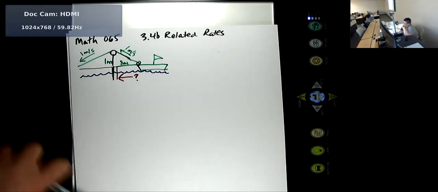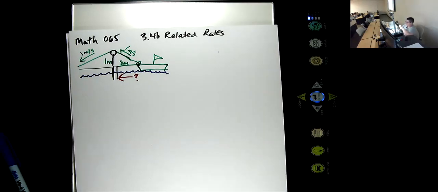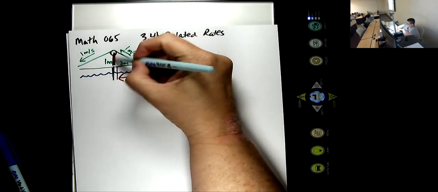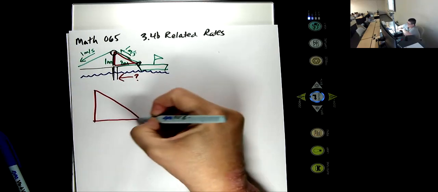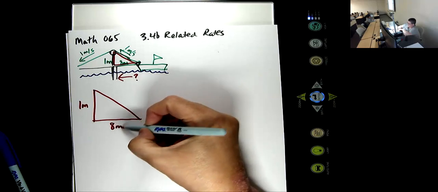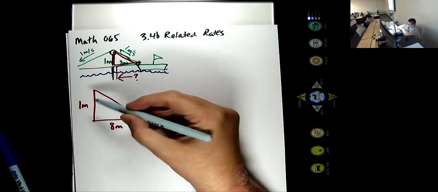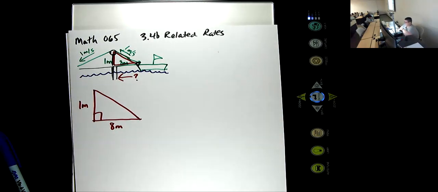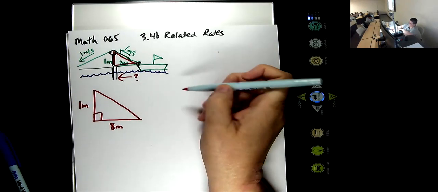So what do we got here? We got a triangle. Let's enlarge that triangle and get it out of the picture. This is 1 meter high. This is 8 meters long. And so I think we can figure out this length right here, right? Let's figure out what we know.